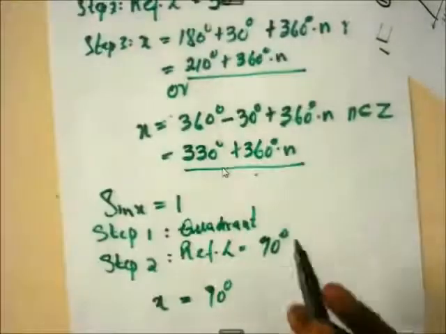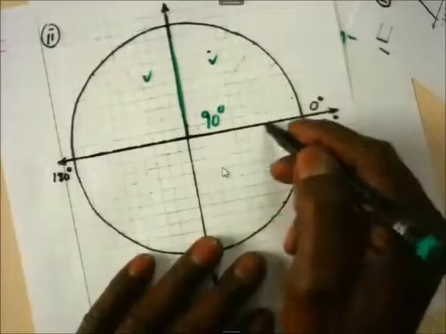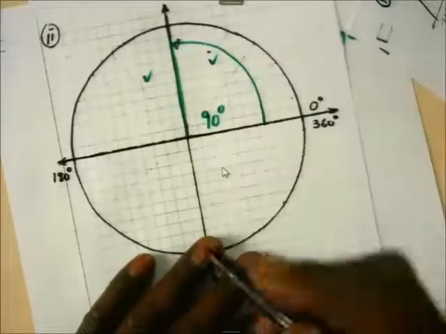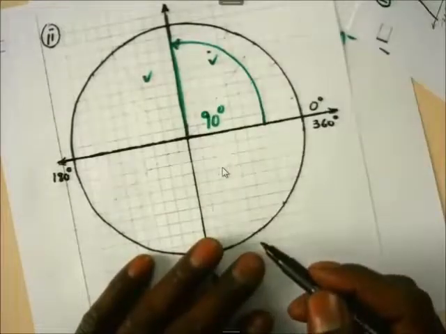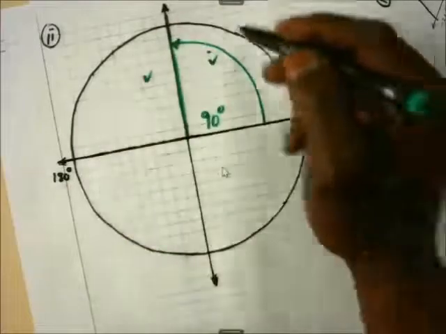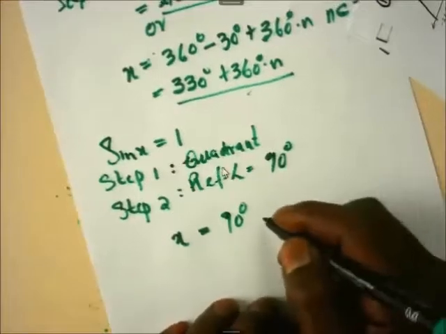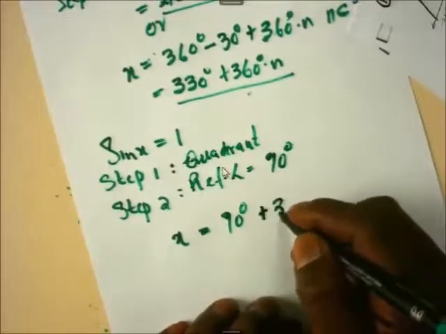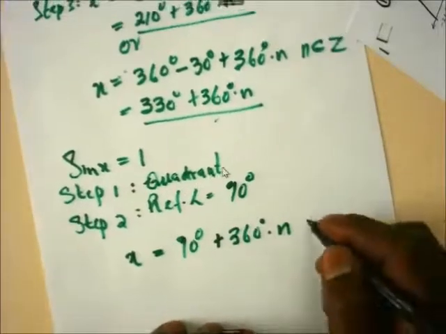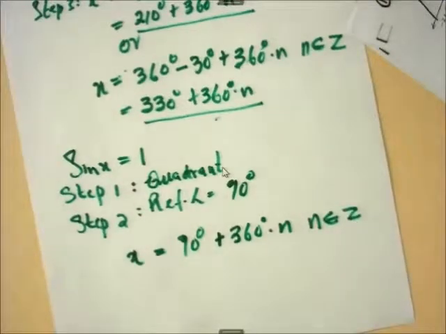Now, the solution for that will be, we start from the positive x-axis up until we touch this arm. That will be the solution, but we can go for any number of revolutions. So the solution will be x is equal to 90 degrees plus 360 degrees times n. We don't have to forget that n must be an element of integers.